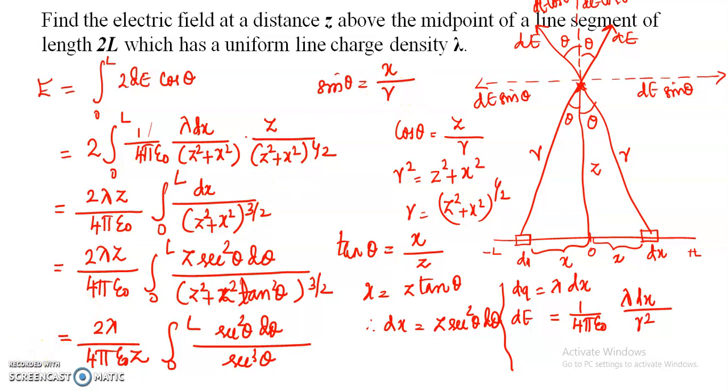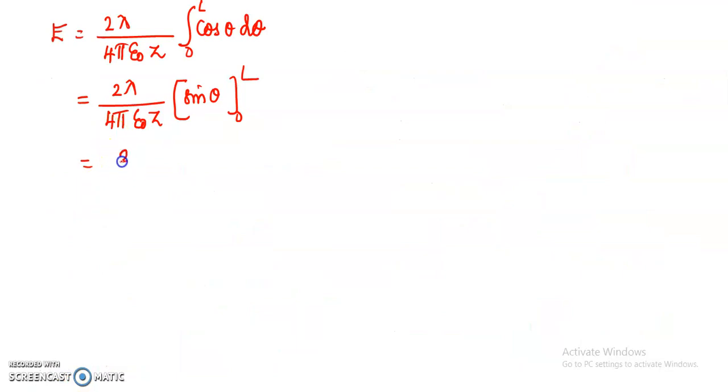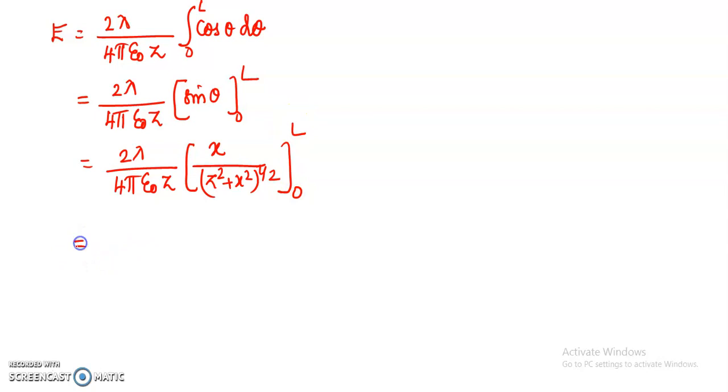By making this substitution in this equation, we get 2 lambda divided by 4 pi epsilon 0 z into x divided by r. We know that r is nothing but (z square plus x square) whole raised to half, over the limit 0 to L. Substituting the limit values, we get 2 lambda divided by 4 pi epsilon 0 z into L divided by (z square plus L square) whole raised to half.